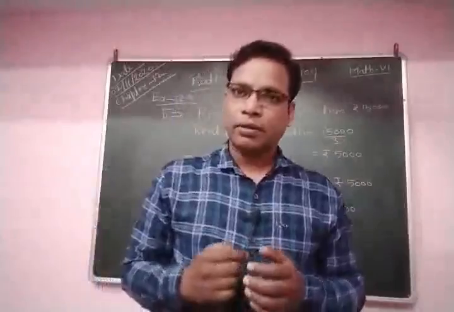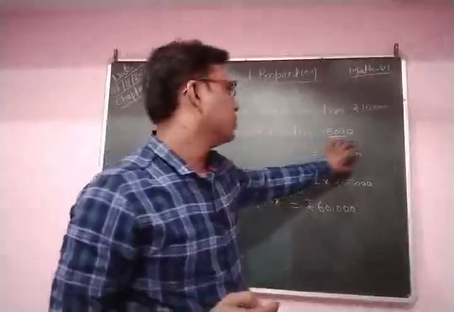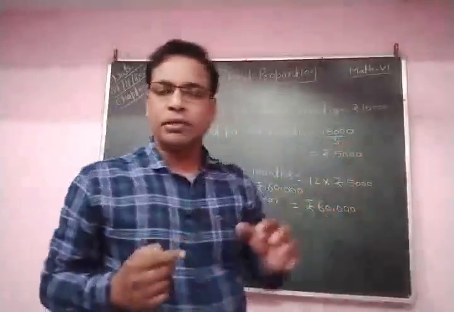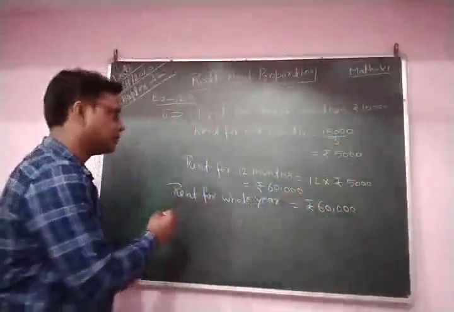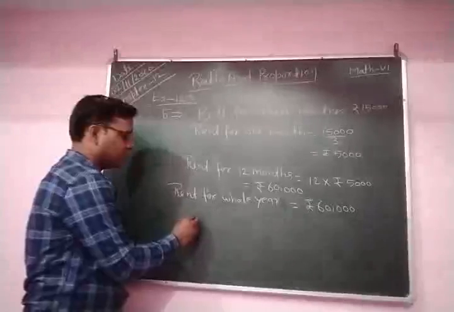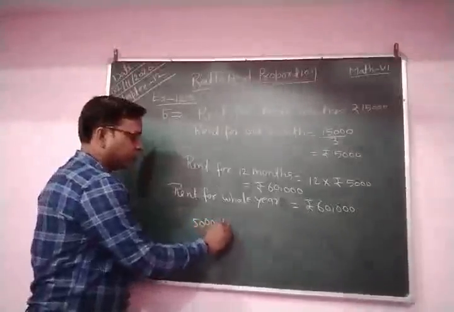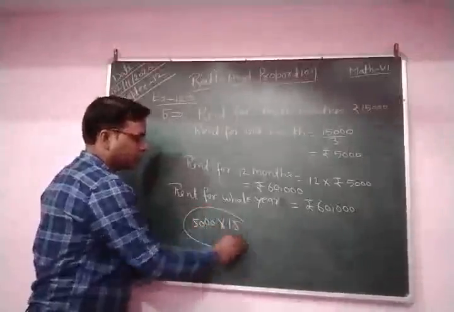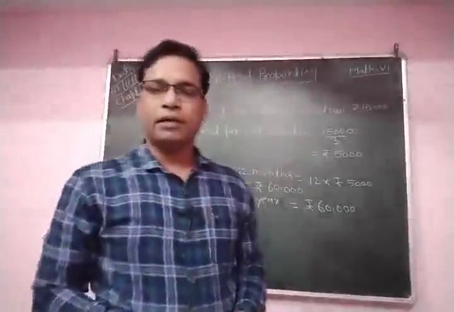Here you find the rent for 1 month, 5,000. So if you multiply 5,000 into 15, this is 15 months, then you obtain the rent for 15 months.